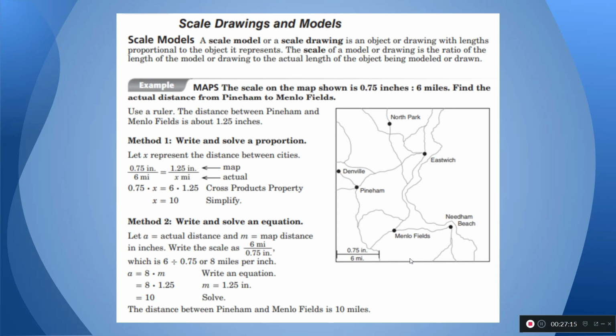We scale down our maps to a certain size so that you can look at a map and see that little key in the corner that shows you that this measurement of 0.75 inches is approximately 6 miles. So if you take a ruler and put it on a map that has that key, you can figure out how many miles something is, what the distance is if you want to travel using a map.